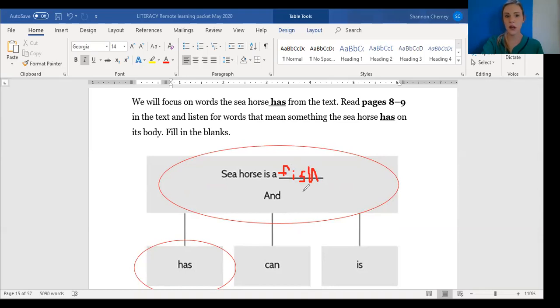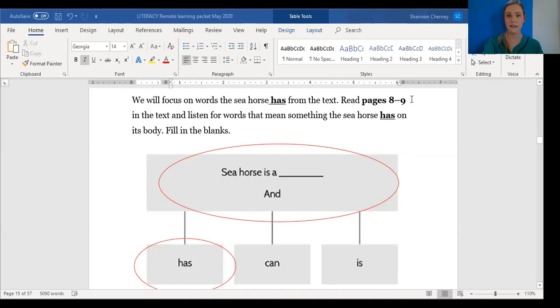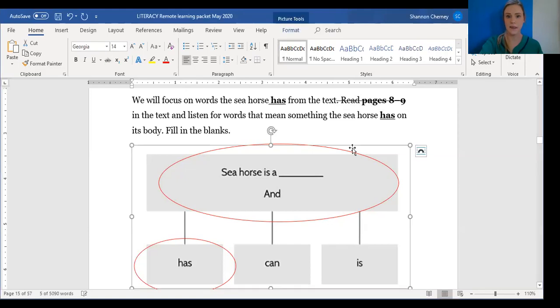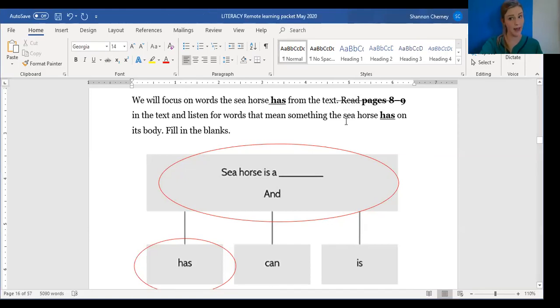Now we're going to focus on the words that the seahorse has from the text. So instead of reading pages 8 and 9, because you cannot read pages 8 and 9 in the text, you are just going to reread the text and listen for the words that mean something the seahorse has on its body. So go back to the link in the Google Classroom or the link listed earlier in the packet.